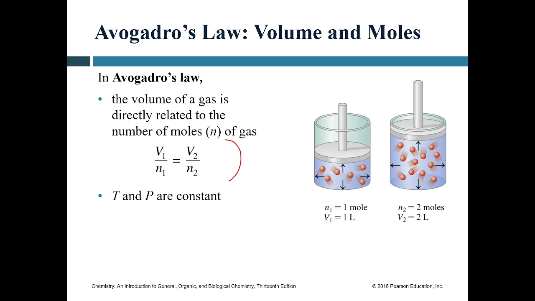Now, let me point out that we actually already knew this. What are you doing when you are increasing the capacity of your lungs, when you're moving that volume out, when your diaphragm is expanding? You're bringing in gas, right? You're bringing in an amount of gas. What are you doing when you're compressing that diaphragm?